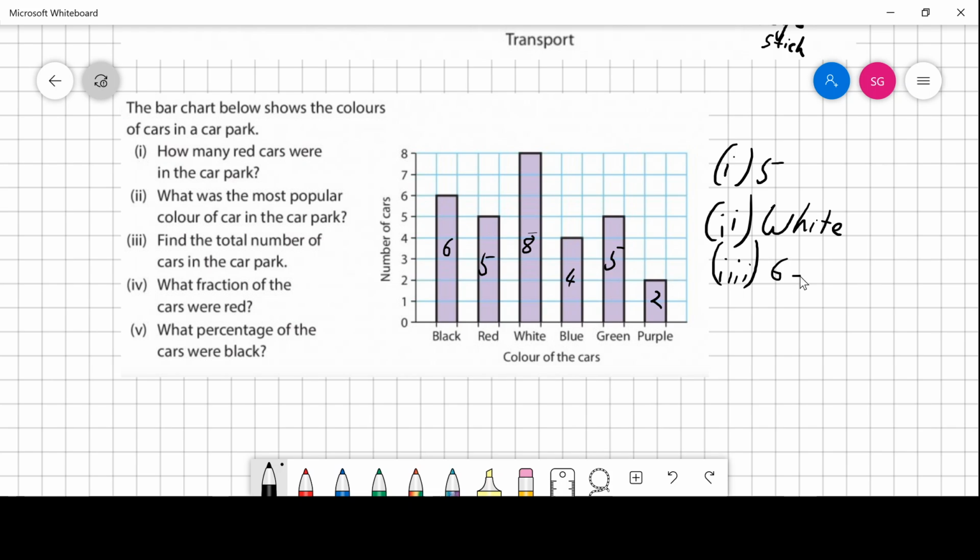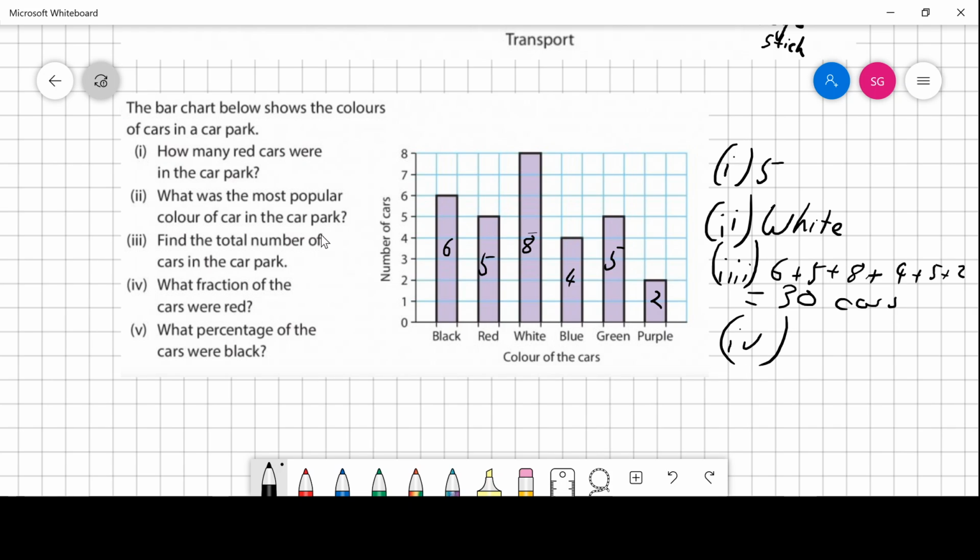So 6 plus 5 plus 8 plus 4 plus 5 plus 2. I'd say take out your calculator and quickly jot that in. 19, 23, 28, 30. 30 cars in total. Okay, so 30 cars.